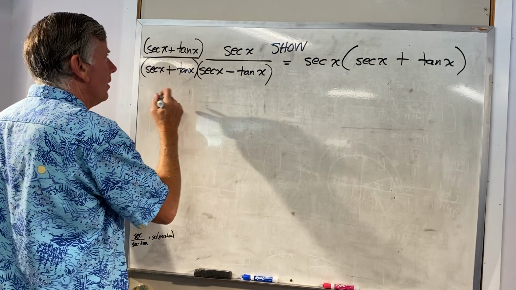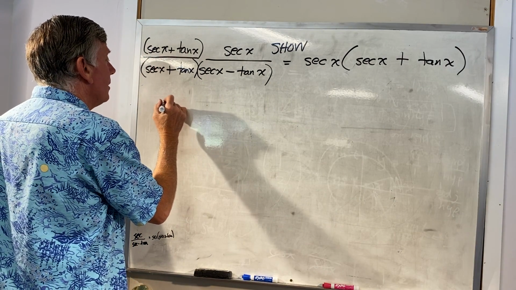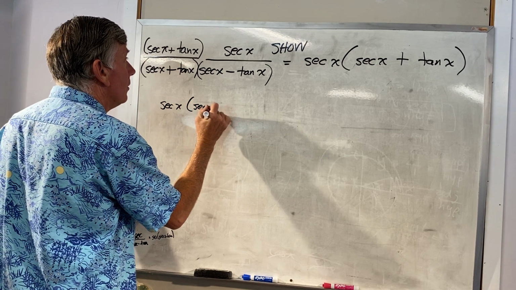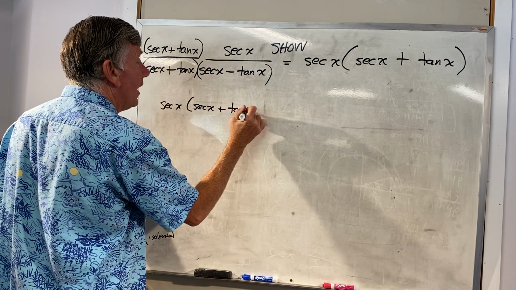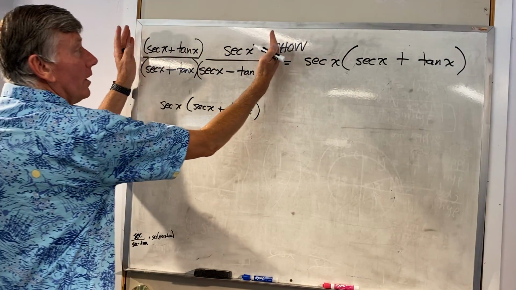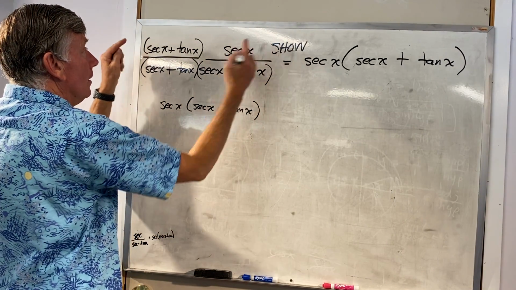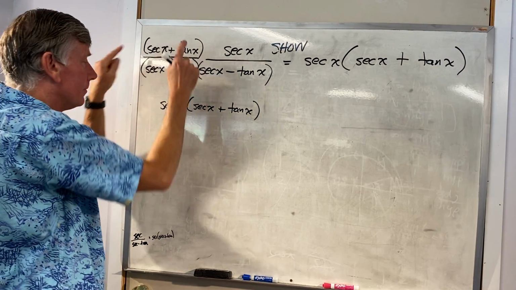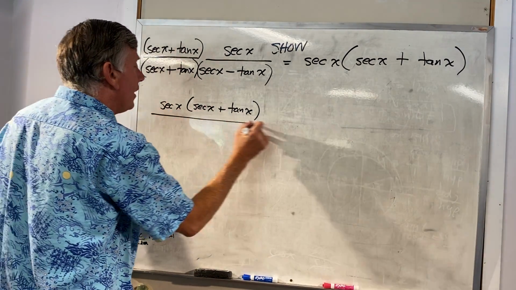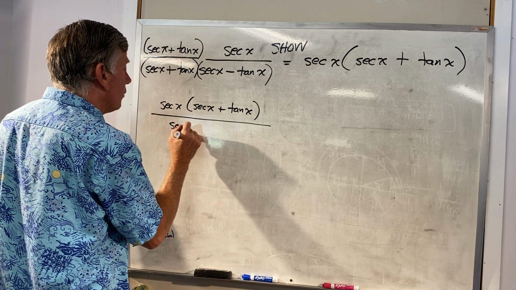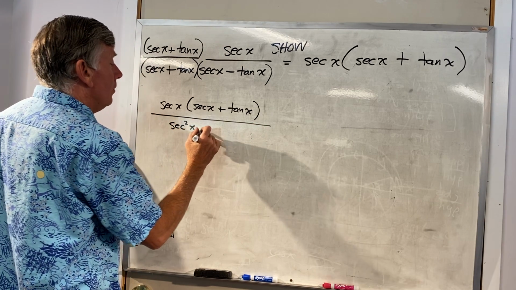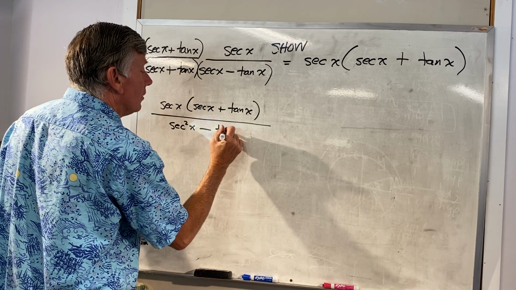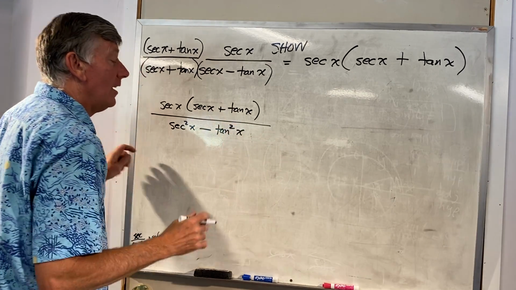I'll keep the top like it is: secant of x times secant of x plus tangent of x. Remember, all I'm doing is working with this left side here. On the bottom, I have secant squared x minus tangent squared of x.